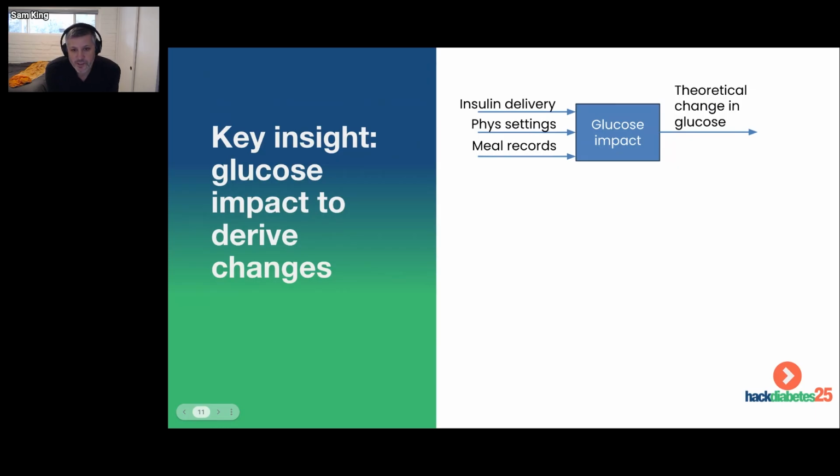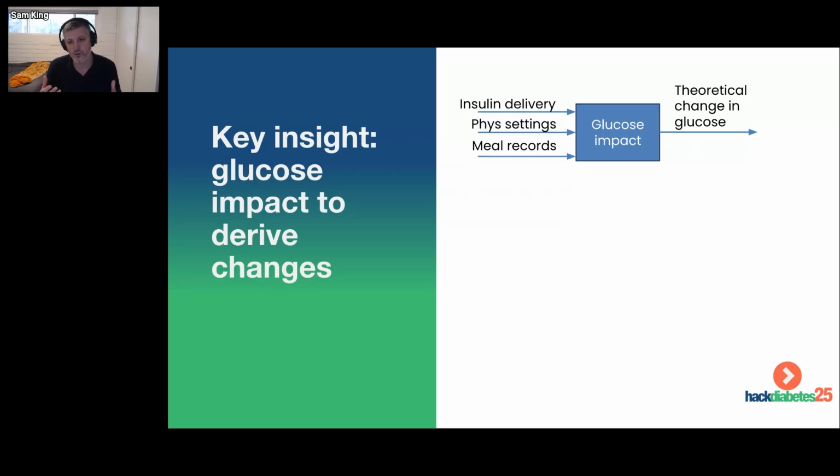So to give you a little bit of insight into how oref works, I'm not going to get into too many nitty-gritty details, but I just want to explain, to me, the most important concept in the algorithm. And it's this idea of glucose impact.